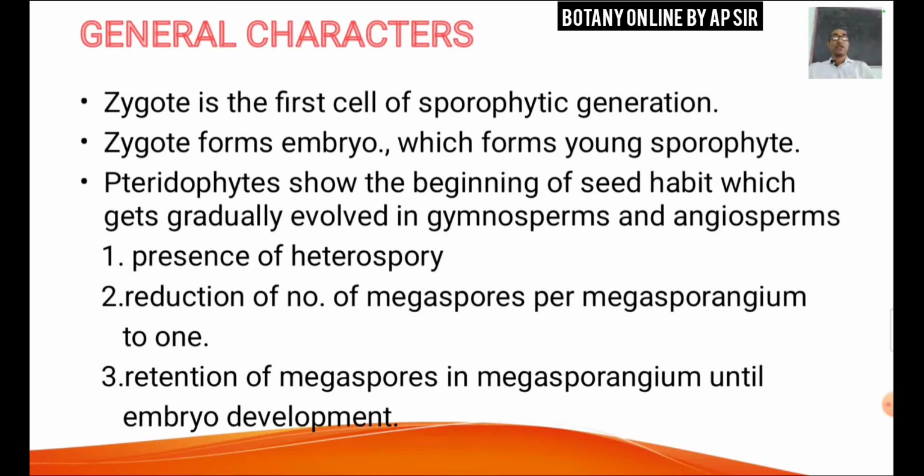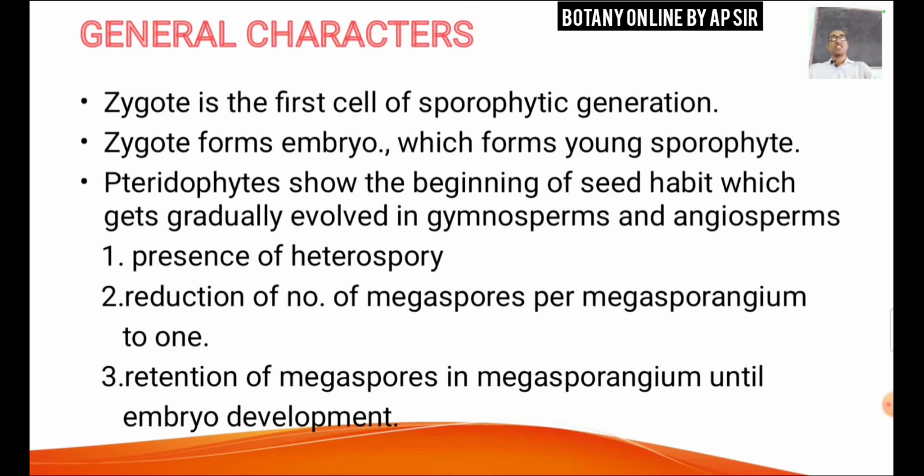There is the presence of heterospory. There is a reduction in the number of megaspores per megasporangium to 1. Then there is retention of megaspores in the megasporangium until the development of the embryo. These are the seed habits of gymnosperms and angiosperms, which have actually evolved in the pteridophytes.